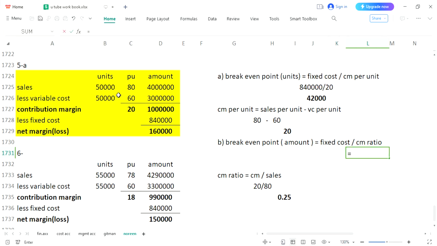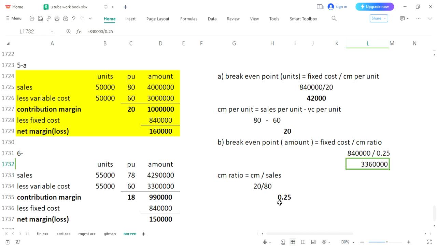For that you need fixed costs, which is 840,000, and it would be divided by the CM ratio, 0.25. Statement completed. Now we are putting it on the calculator: 840,000 divided by 0.25.